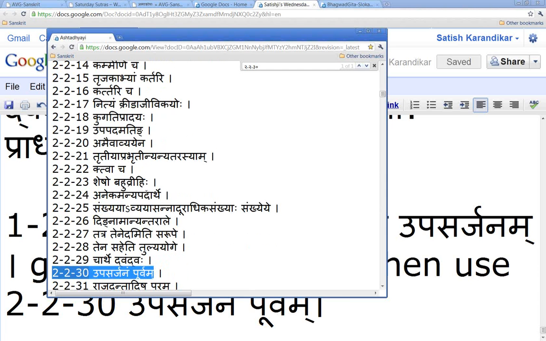Now, when Panini defines a Bahuvrihi, it is Anekam Anyapadarthe. That Anekam is Prathama Nirdishtam.